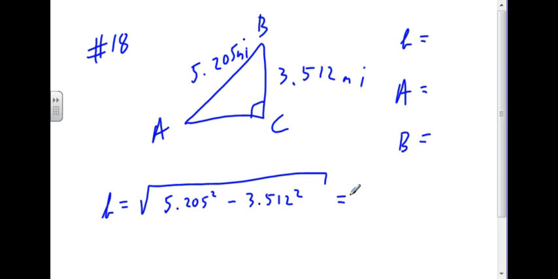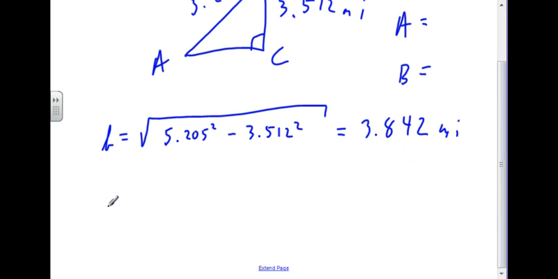All right, I just wanted to make sure I wasn't pulling any wool over the eyes of anybody in the room. 3.841, 3.842 miles. I'm going to round it up that way. 3.842 miles.